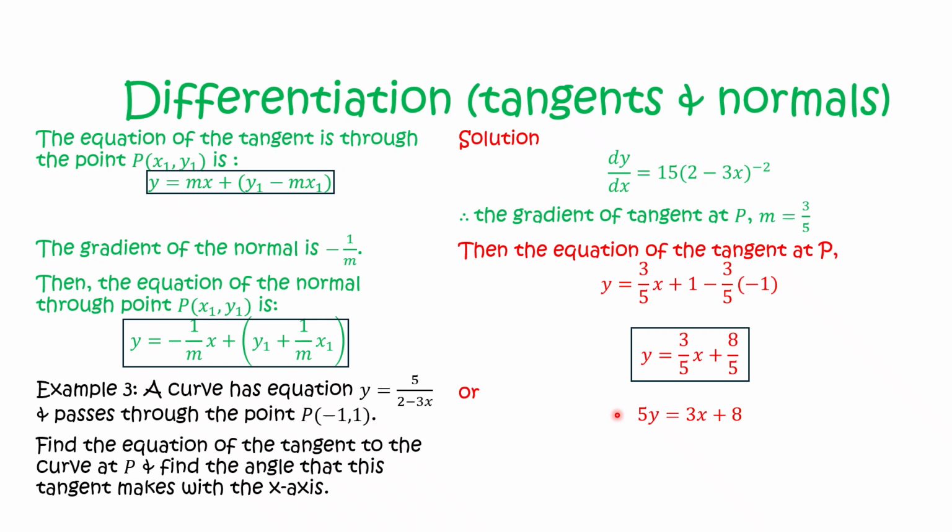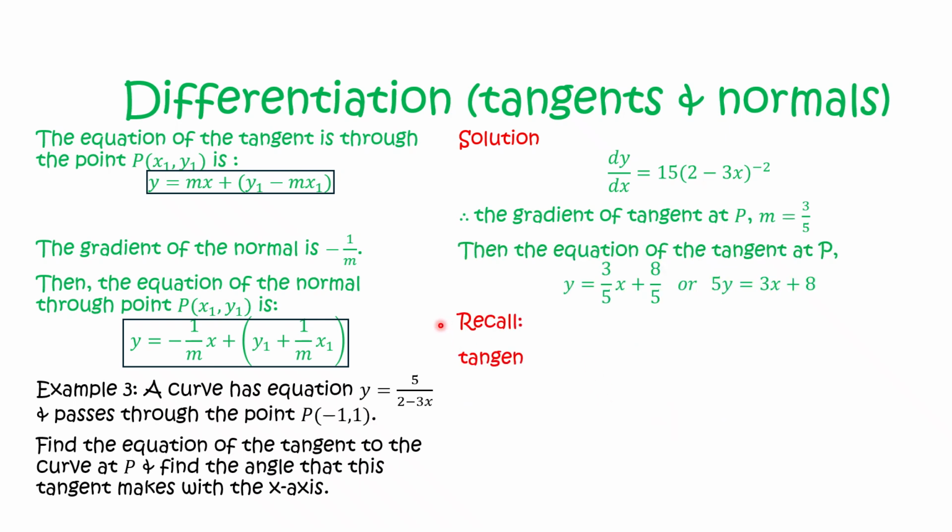Great, then we have dealt with the equation of the tangent that passes through the point P. Now, we are asked to find the angle that this tangent makes with the x-axis. So we know that the gradient is equal to tan theta, which is equal to 3/5.